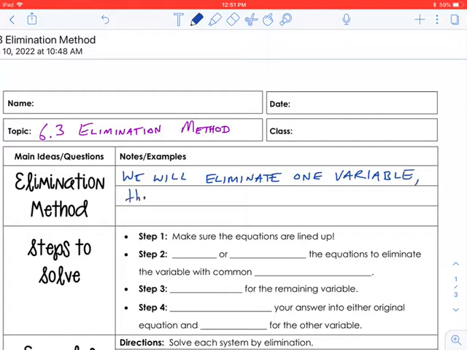then plug that variable back into the original equation to solve for the second variable.